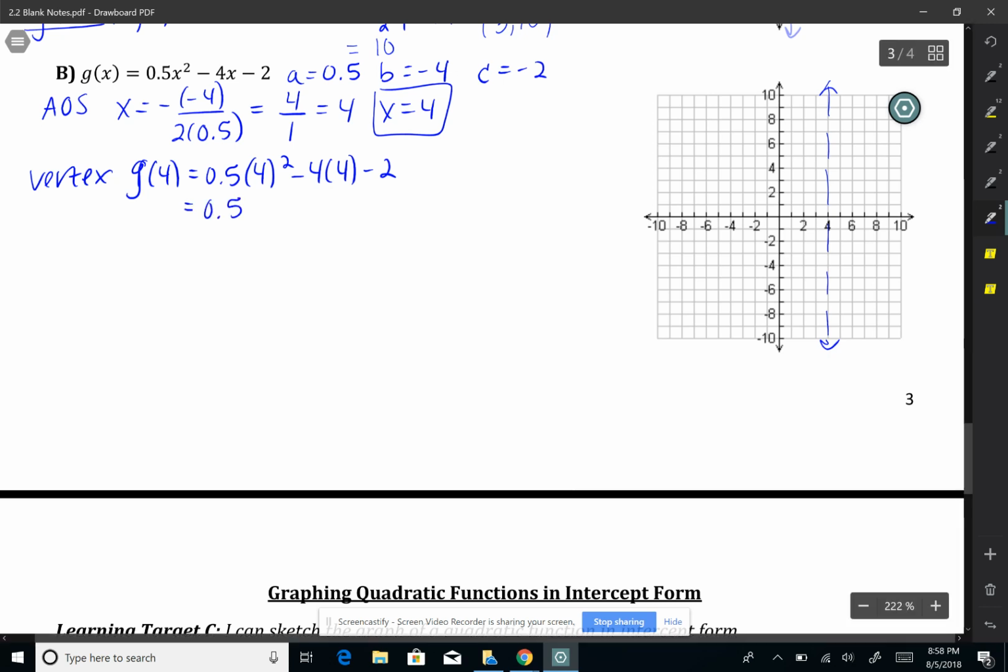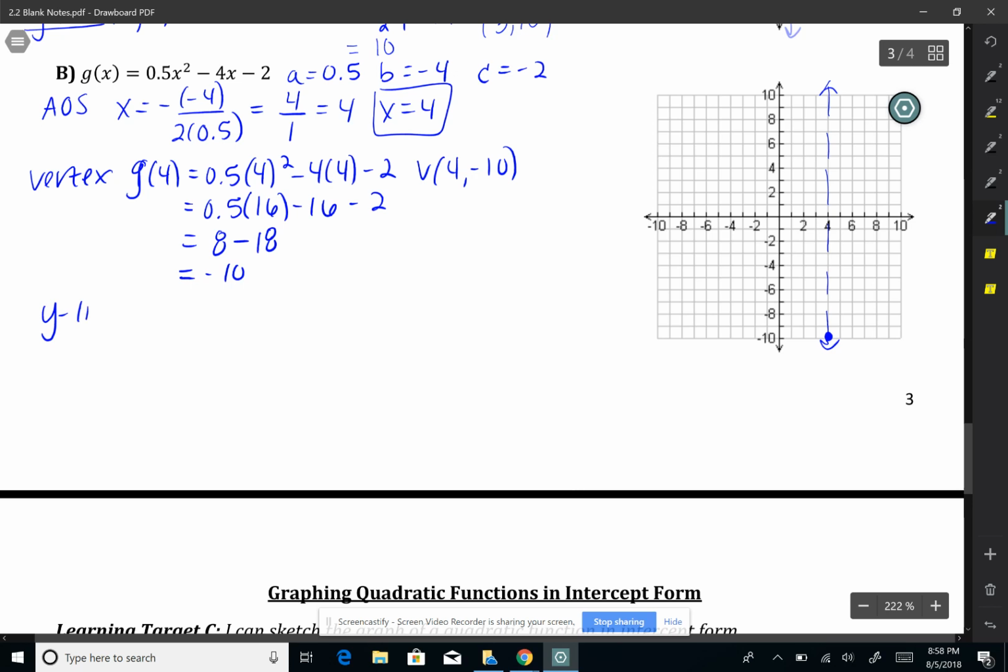So that's 0.5 times 16 minus 16 minus 2. Half of 16 is 8, and then I can combine the negative 16 and negative 2 to be negative 18. And 8 minus 18 is negative 10. So I put in 4 and I got out negative 10. I'm going to go plot that. That's way down here. There's my vertex.